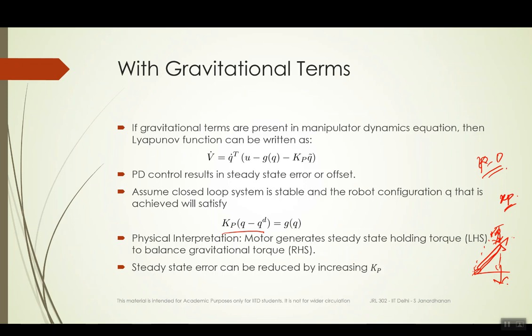Okay. However, as with the independent joint control, here too the steady state error can be reduced by increasing the magnitude of the proportional gain kp.